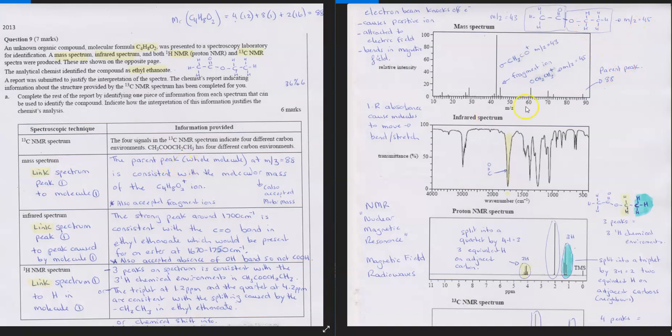So what are you getting from the spectra? The parent peak is what I'm looking at, and you need to quote that parent peak so that we can identify which peak you're looking at. So quote the x-axis and use the units.